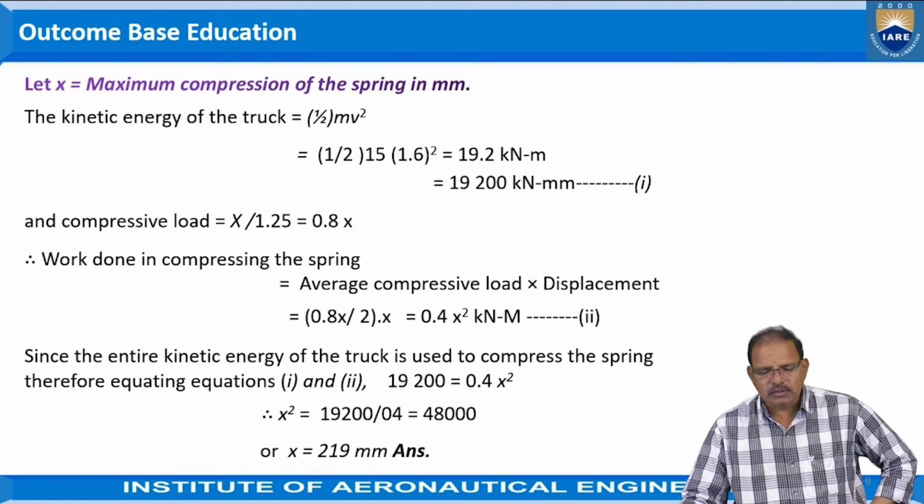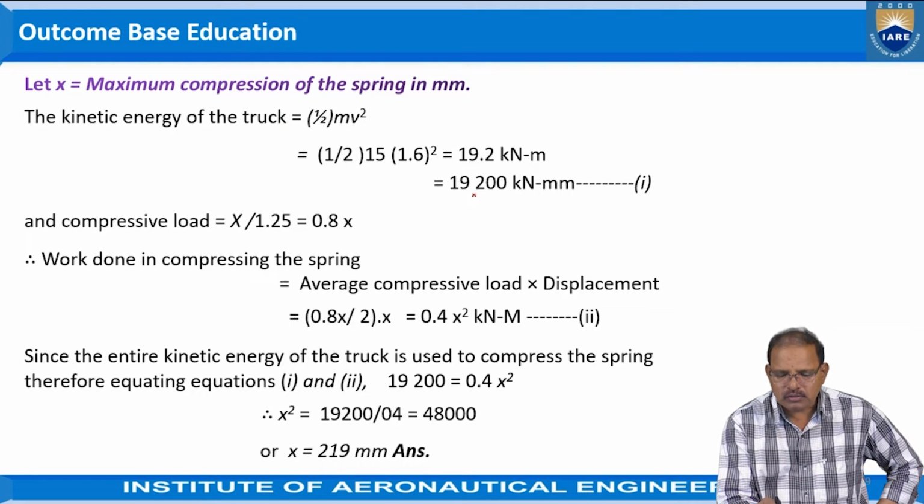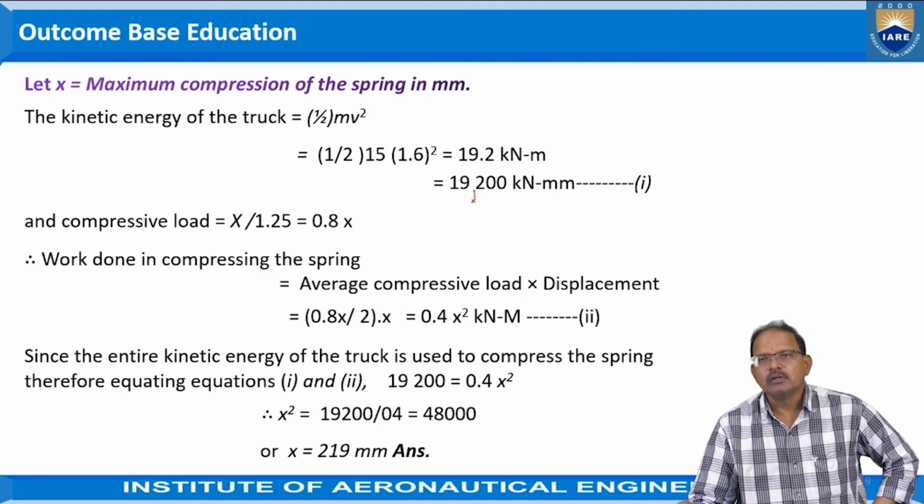The kinetic energy is given by 1 by 2 mv square. Since mass and velocity are given, it is 1 by 2 into 15 kilonewtons into 1.6 whole square, which is equal to 19.2 kilonewton meter, or 19,200 kilonewton mm.